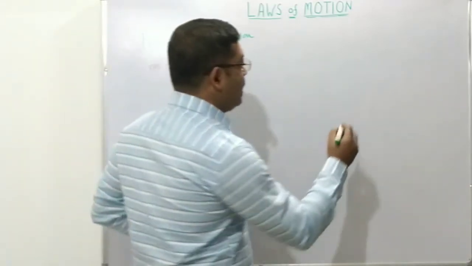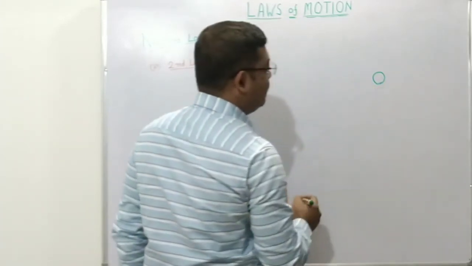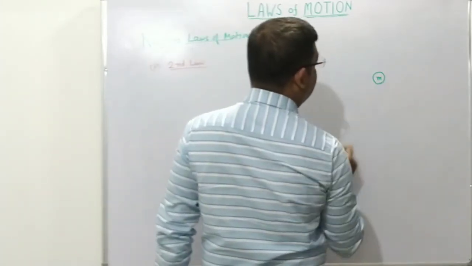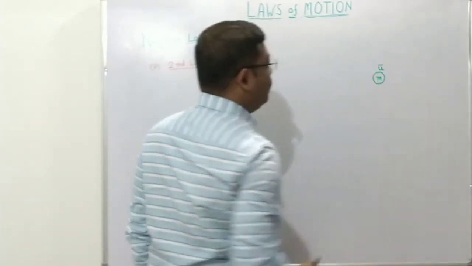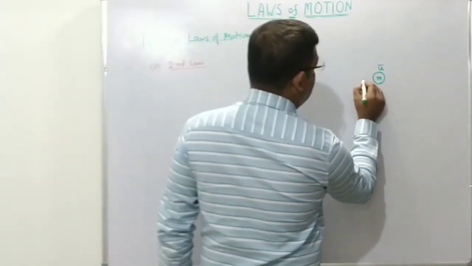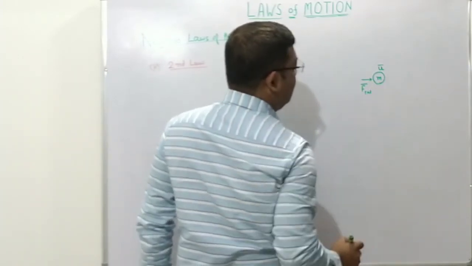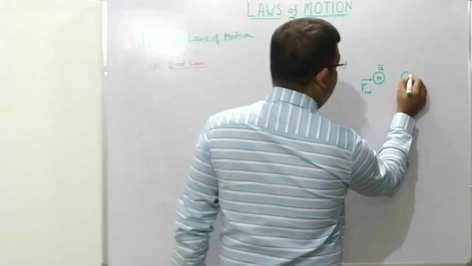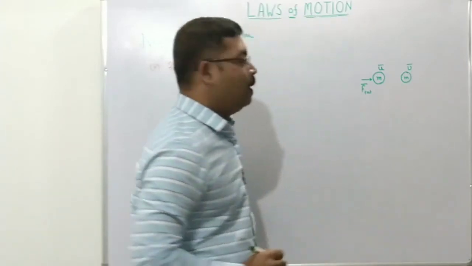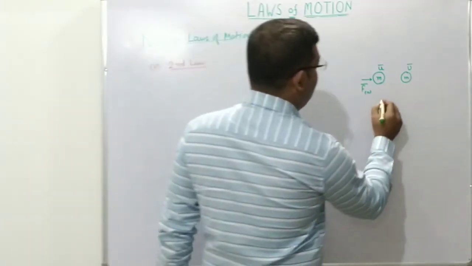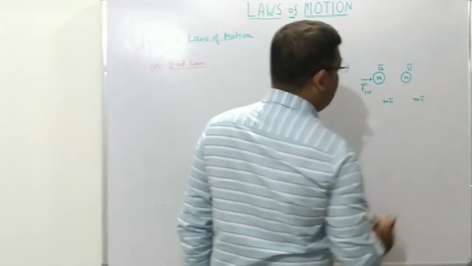Let's say we have an object of mass m moving with a certain velocity, say u, and it is acted upon by an external force, and its velocity now becomes v. So its initial momentum was mu and final momentum is mv.